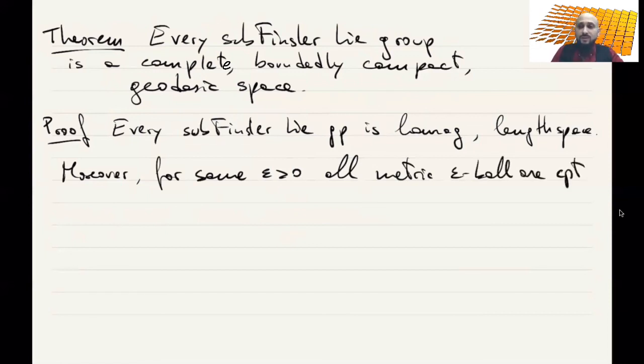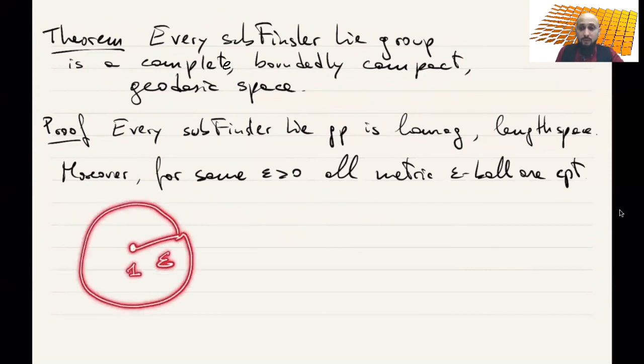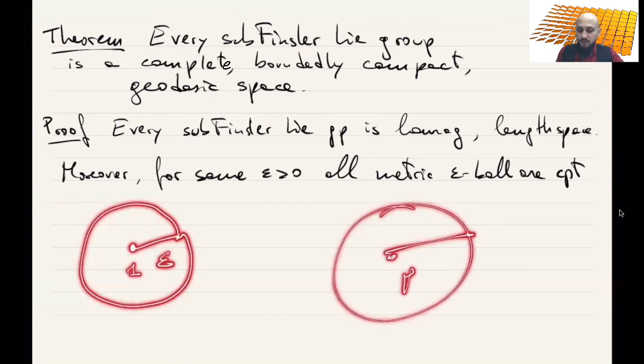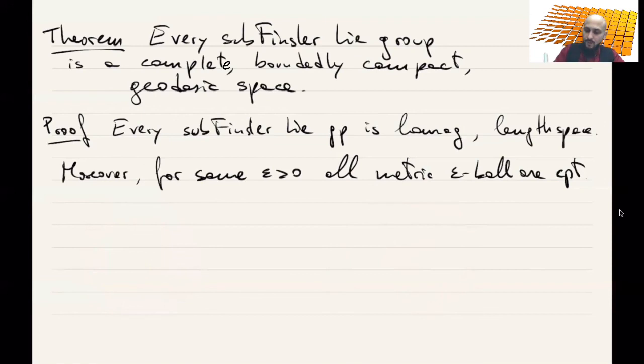Why is this true? This is a consequence of the isometric homogeneity, because we know that Carnot-Carathéodory spaces have the same topology as manifolds. So if you fix a point, say the identity, then for some epsilon the closed epsilon ball is compact. But then, because of homogeneity, any other point has a compact epsilon ball. Okay, so closed metric epsilon balls are compact.